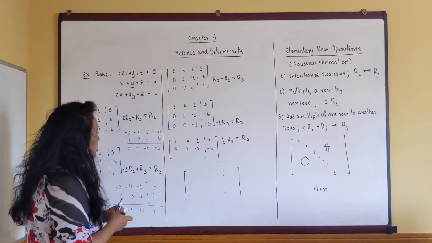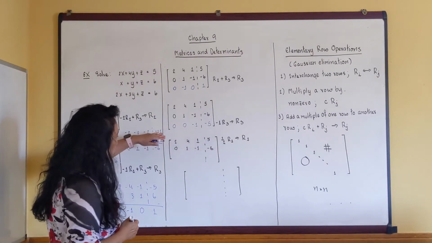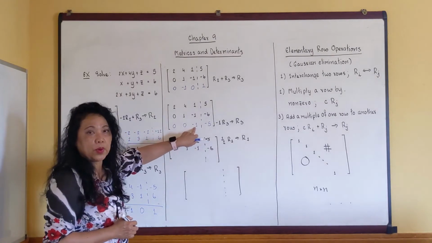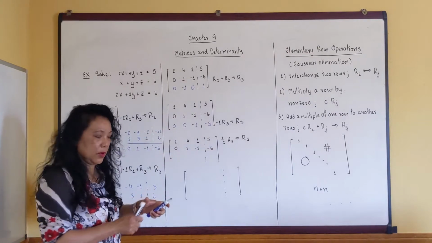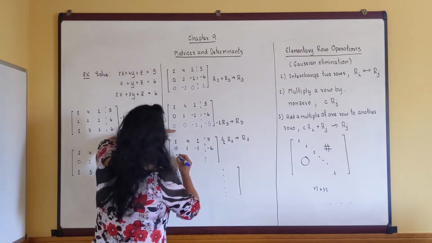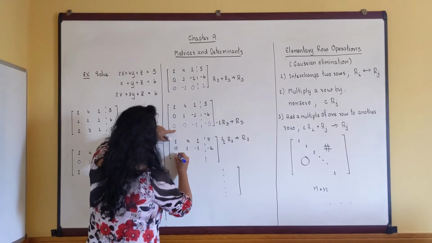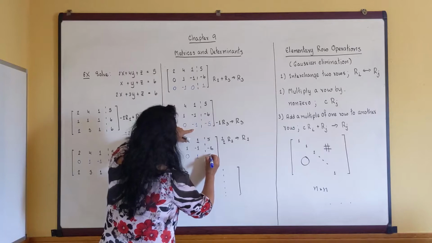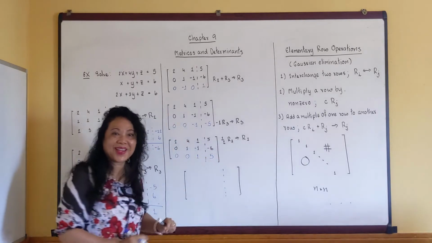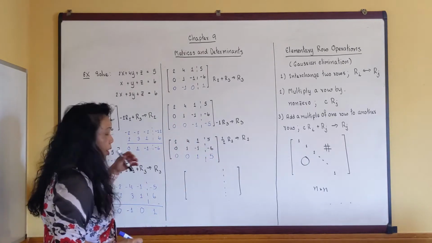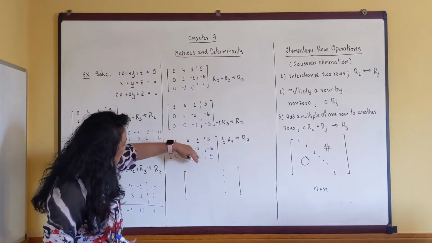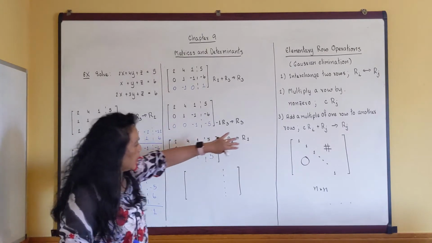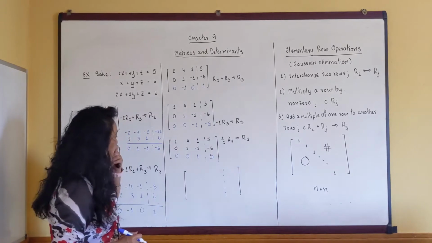Now I'm going to multiply the third row by negative 1 just to get the 1 here without changing my 0. So multiply by negative 1, so I have what? 0, 0, 1, and 5. All right, okay, almost there.